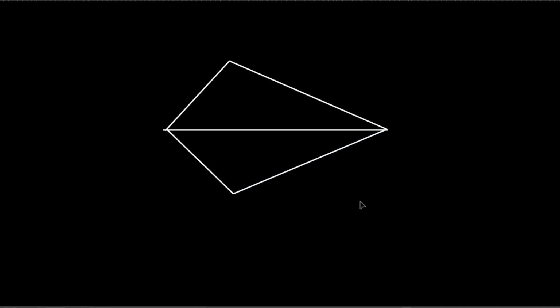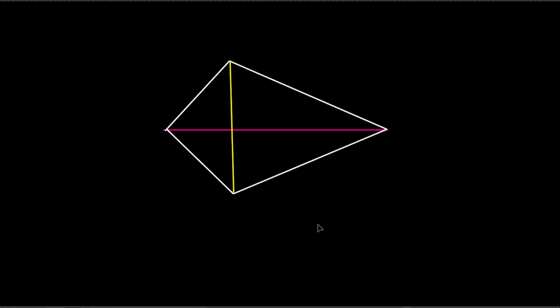All right, so what do we have right here? We've got a kite. Now, what we're going to do with this is draw the diagonals right there. And let's make this a different color just so I can refer to it. So there you go. It's a kite.